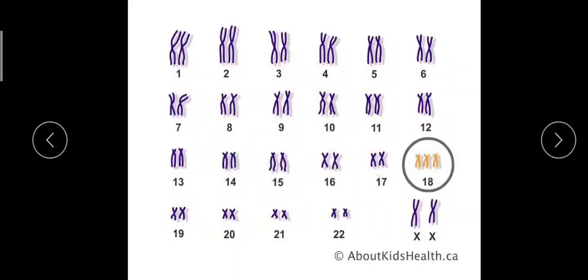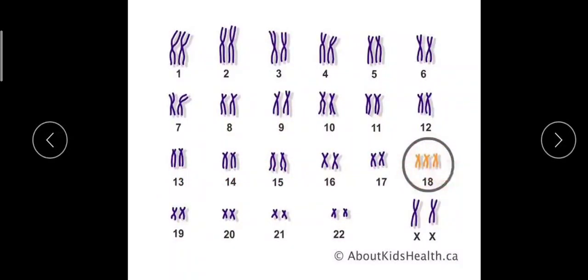In trisomy, one chromosome will be found in addition. So this is also a karyotype of a normal female human being. So here you can see 22 pairs of autosomes, and here the 18th chromosome. Normally we have 2 copies, that is, it exists as pairs, but here there are 3 copies.